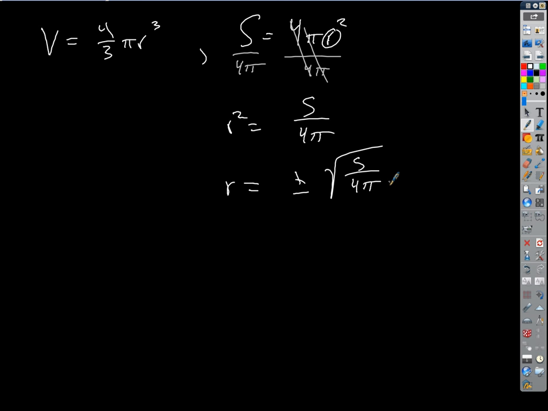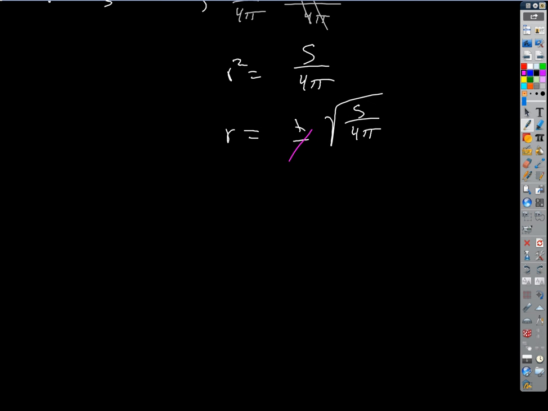Okay, but let's think about this now. Radius means something geometrically, right? Does it make physical or geometrical sense to have a negative radius? No, it doesn't. Because this is a geometric problem, we can dismiss the negative solution and only take the positive one.